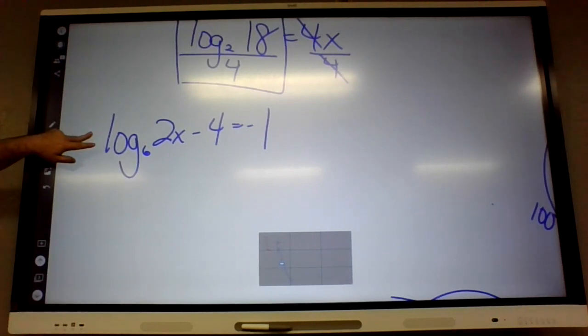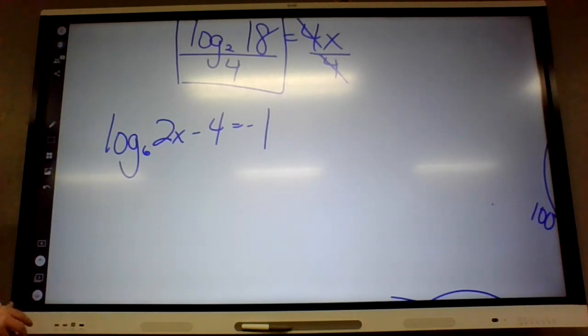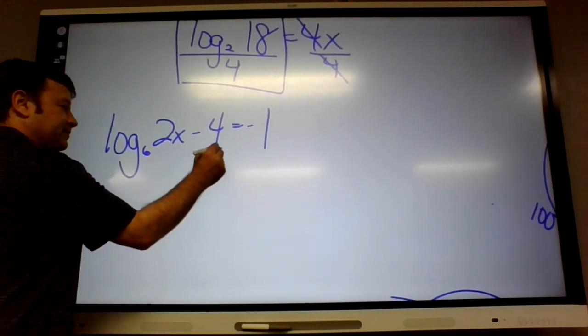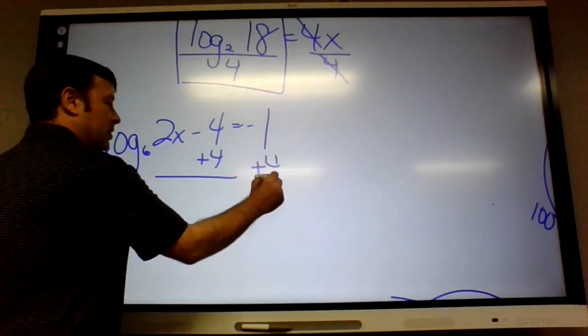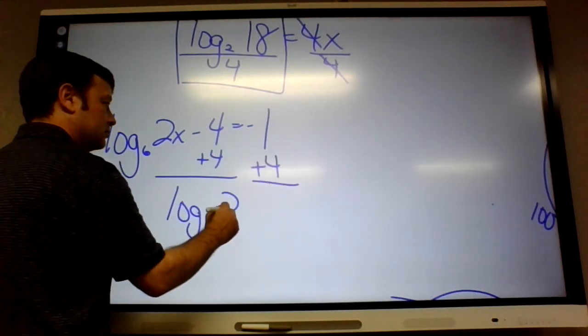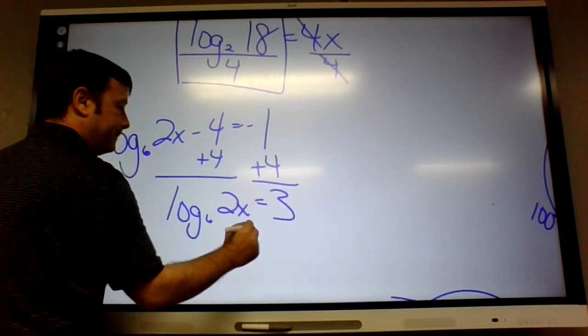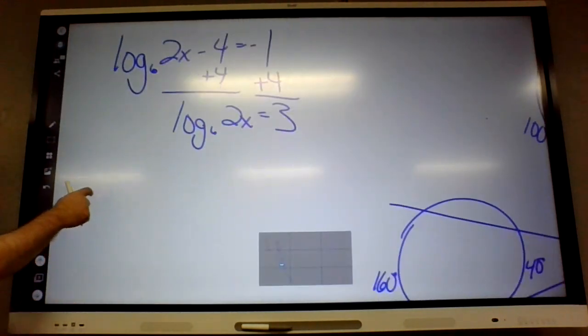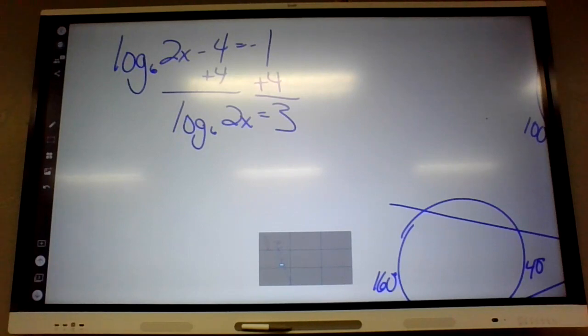We're gonna have to turn it into an exponential equation. But before we do that, we need to clean it up a little bit. How can I, yes, plus 4. Once you get it to a simple log function, then you change it to exponential form.